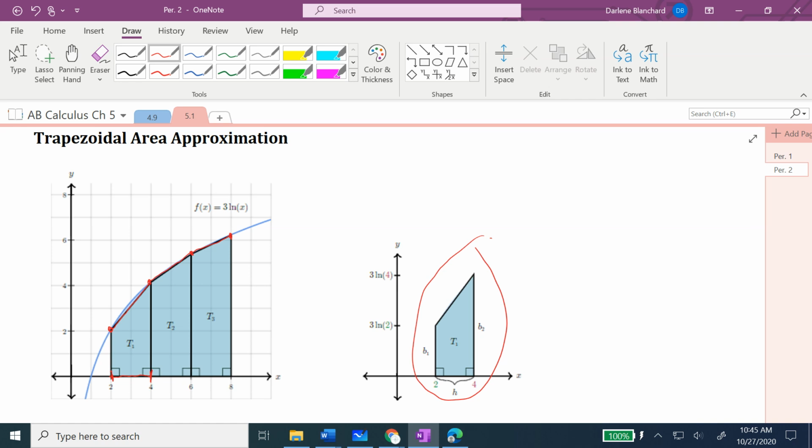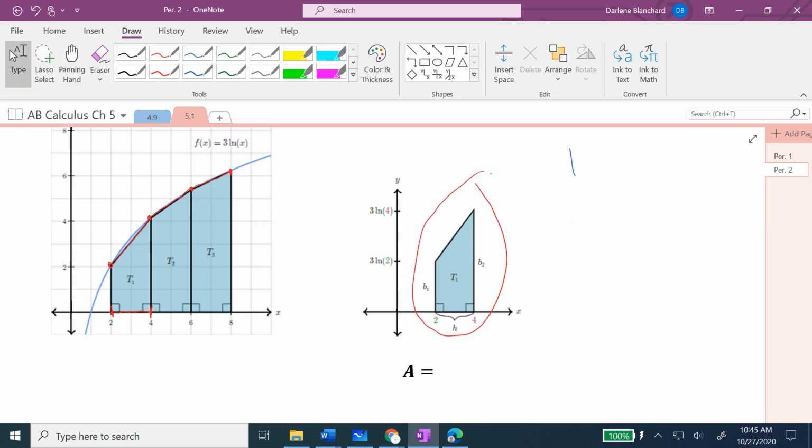But that is the delta x. Now, I'm a little low on time, so I'm going to have to just kind of power through this. The area formula of a trapezoid, if you don't remember, one way to look at it is to make a diagonal and see that you have the area of two triangles. Triangle with base 1, triangle with base 2, and they both have the same height.